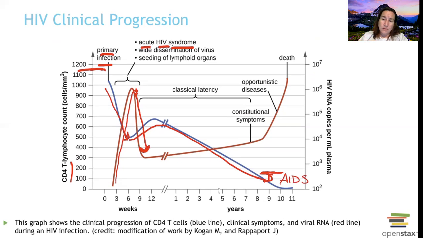Your T cell count is really low, which makes you super susceptible to opportunistic diseases, all sorts of things that normally you would fight off, you can't fight off because your T cell number is so low because you have progressed to AIDS.